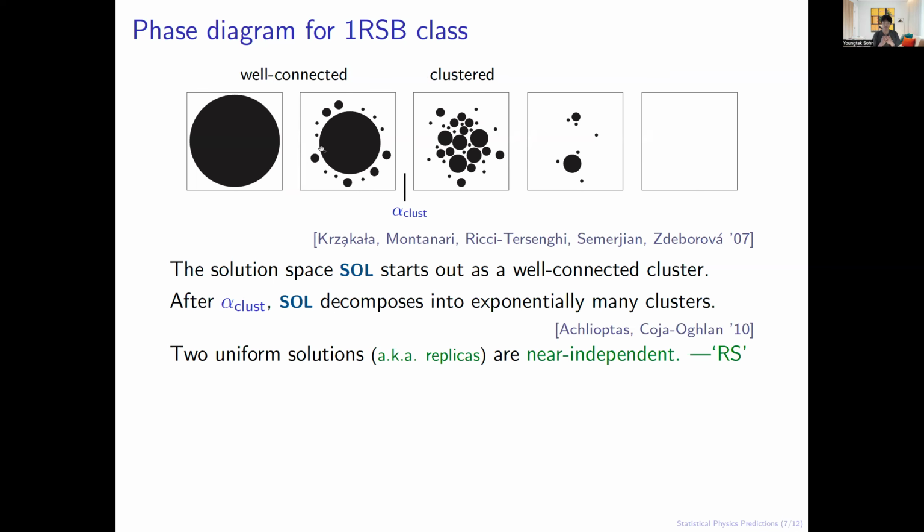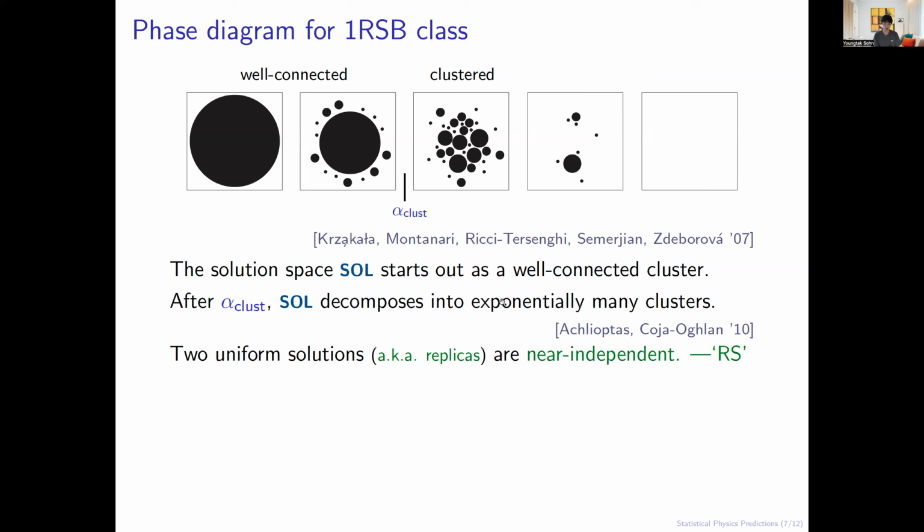And there's a conjectured phase transition called alpha cluster, such that all of a sudden, the solution space quickly decomposes into exponentially many clusters. And this was partially verified by the seminal paper by Achlioptas and Coja-Oghlan in 2010.